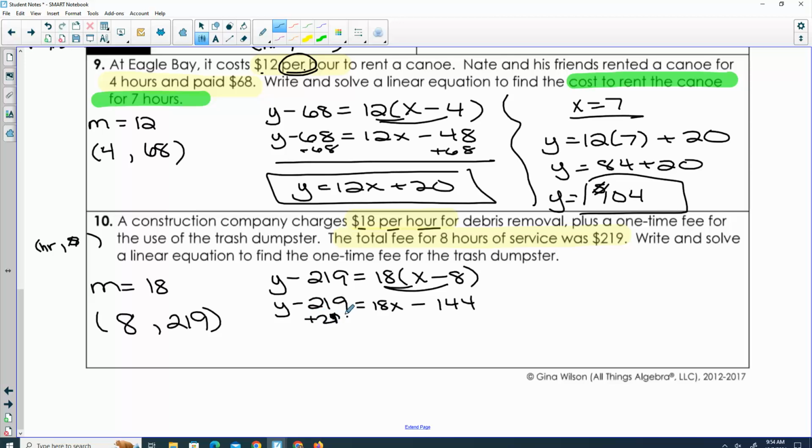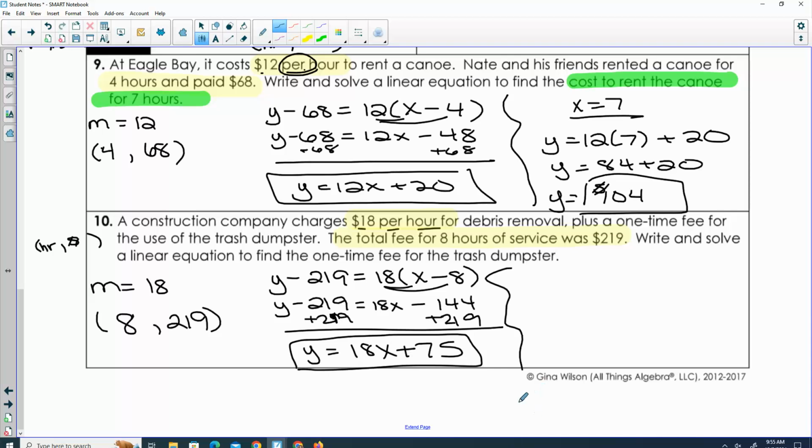Add over the 219. And we get 18x plus 75. That's my equation. Now we have to answer the second part.